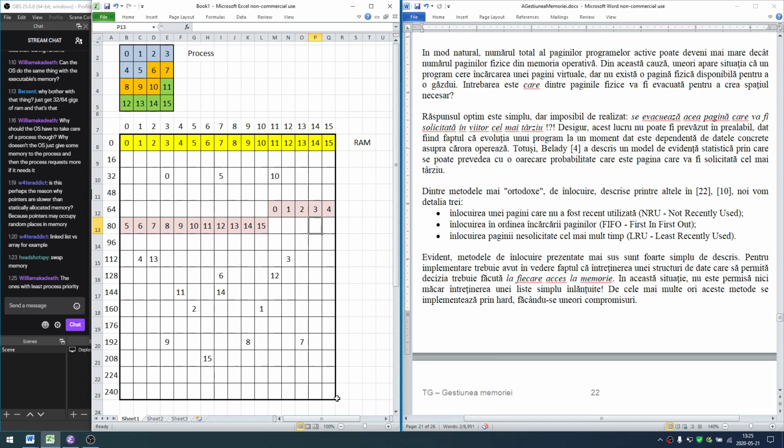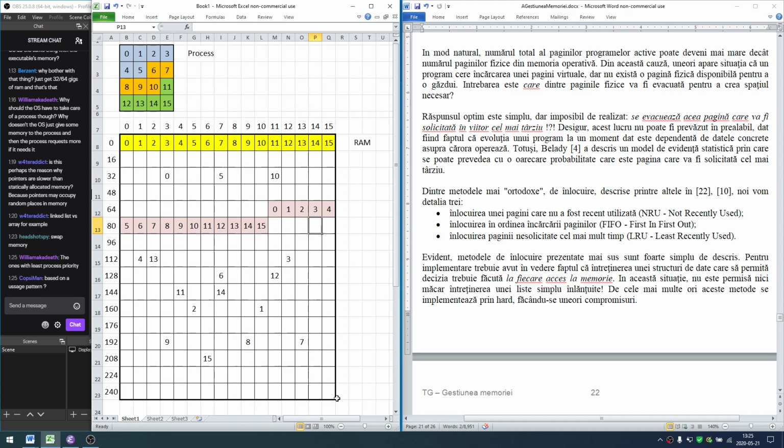Now, William has suggested that I should kick out the pages of processes with the least priority. Indeed, based on some kind of usage pattern, I will predict the future based on what happened in the past. Now, kicking out the pages of the processes with least priority doesn't mean that those pages will not be needed.